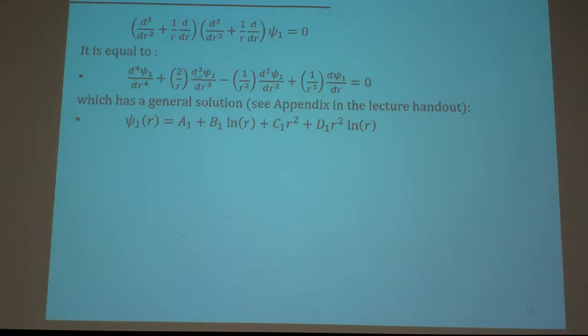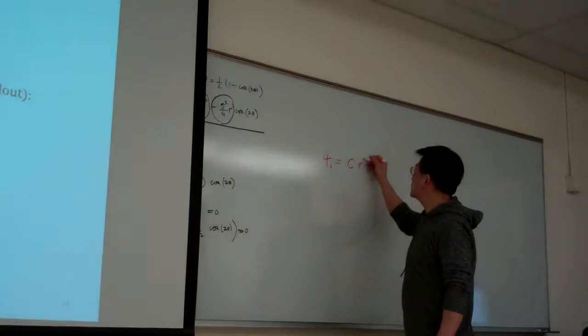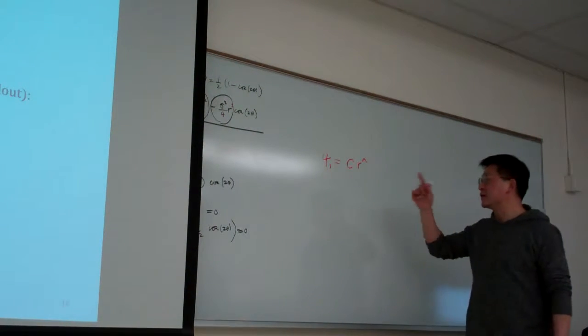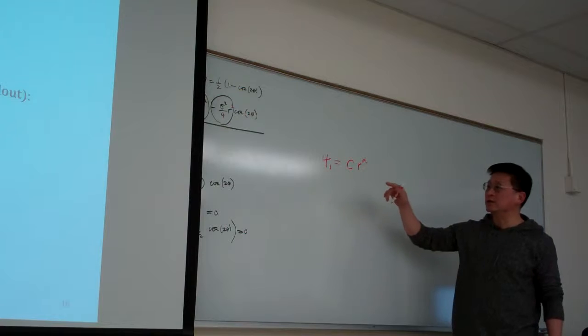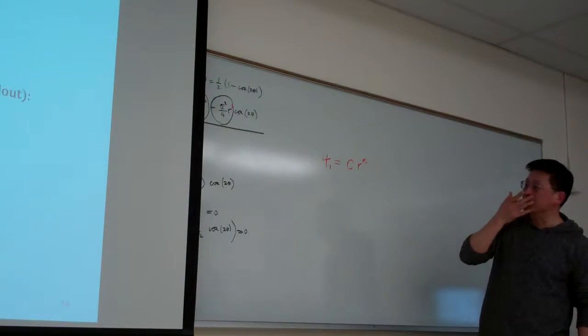And for forming this one, we expect the solution form should be V1 equal to some kind of form, R to the M. We introduce this there and solve for M, and then we compare.